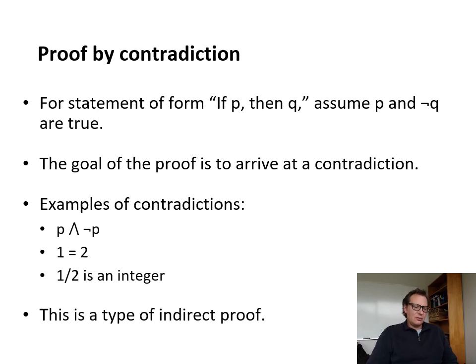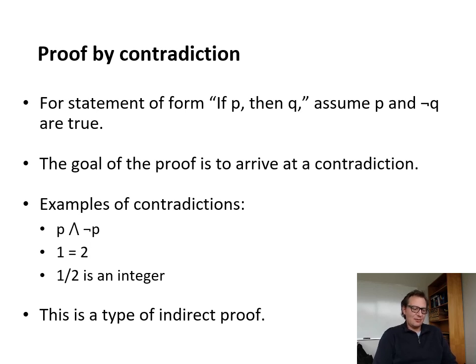So how do we do proof by contradiction? If we have a statement of the form if P then Q, first we assume that P and not Q are true. Then, starting with this assumption, the goal is to arrive at a contradiction. So what is a contradiction? Here are a couple of examples. If we derive that P and not P have to hold at the same time, we derive a contradiction.